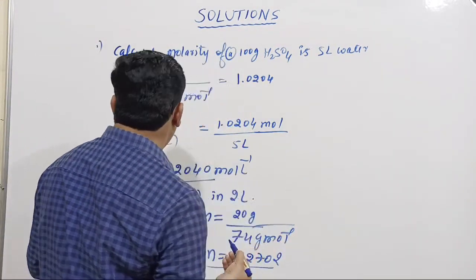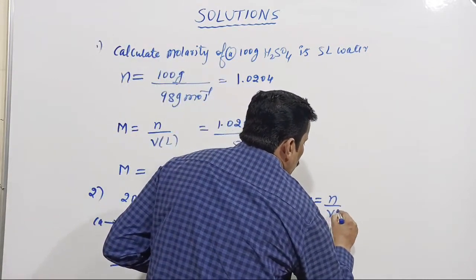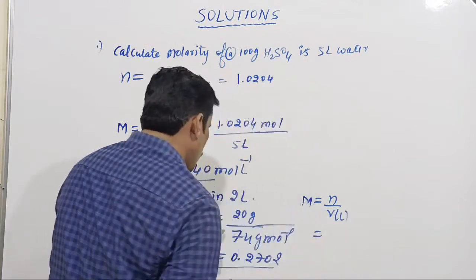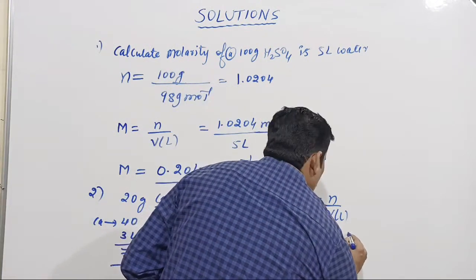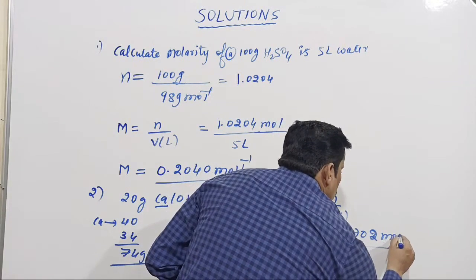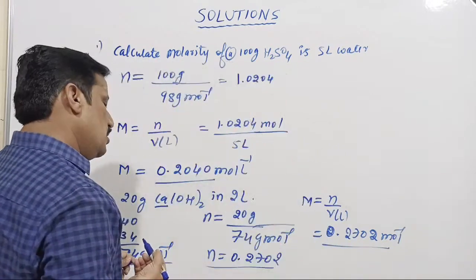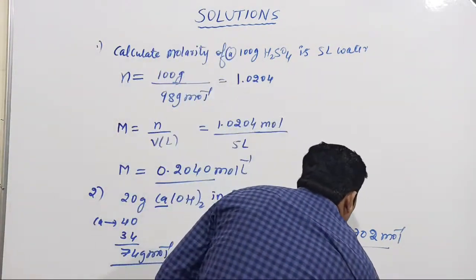Then molarity will be number of moles divided by the volume of the solution in liter. Number of moles is 0.2702 mole, divided by the volume of the solution, 2 liter.